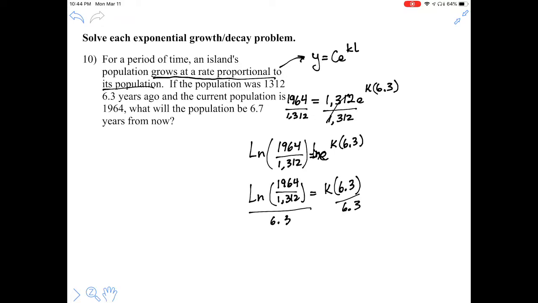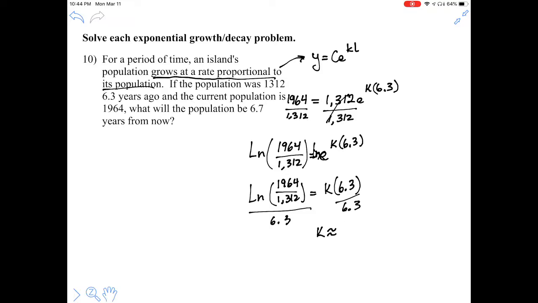And then we can get an approximate value for k. So this is where you would get your calculator and probably do this a step at a time and divide inside that natural log first.